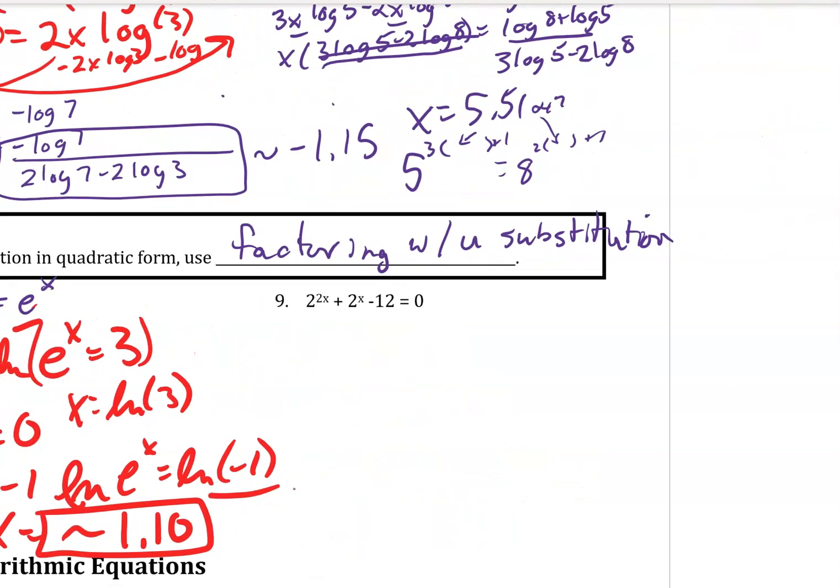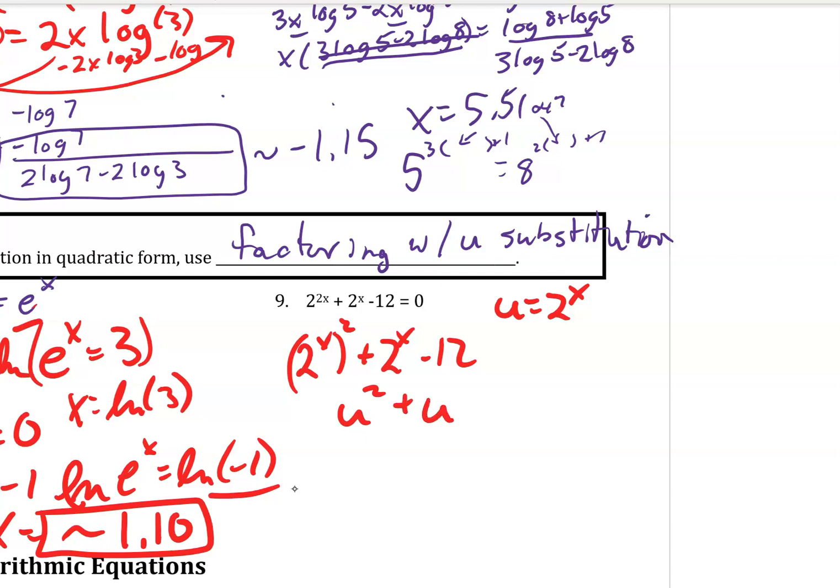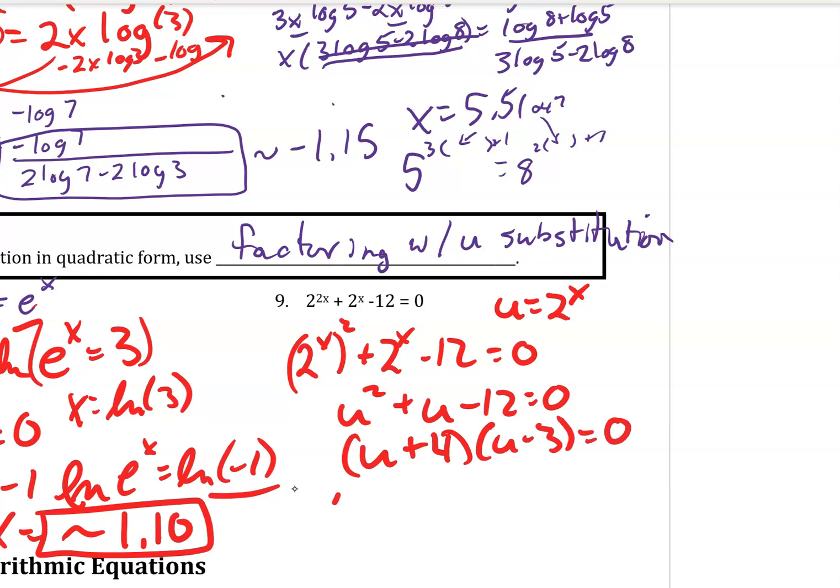We do the same thing with the next one. This is really 2 to the x squared plus 2 to the x minus 12. So we'll let u equal 2 to the x. So u squared plus u minus 12 equals 0. So u plus 4 times u minus 3 equals 0. So either u equals negative 4, well, we know that that's not going to work, or u equals positive 3.